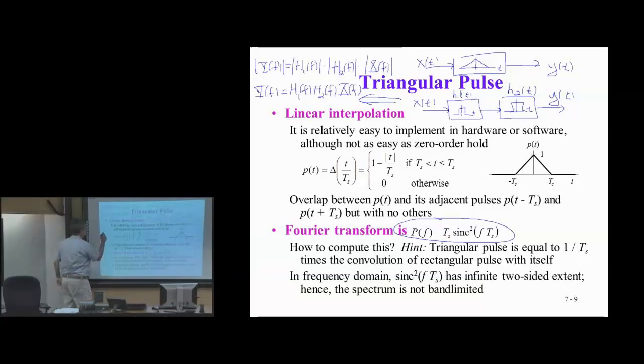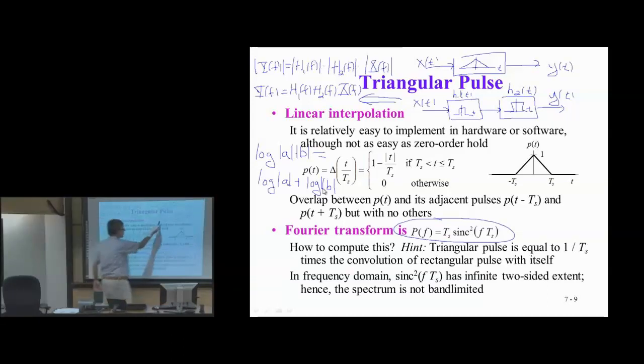You add them: the log of A times B is log of A plus log of B. So if I have 13.5 dB of stop band attenuation in H1 and 13.5 dB in H2, remember dB is in log scale, so the stop band attenuations will add.